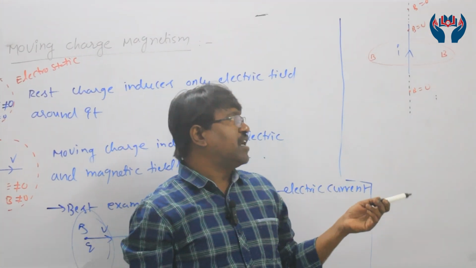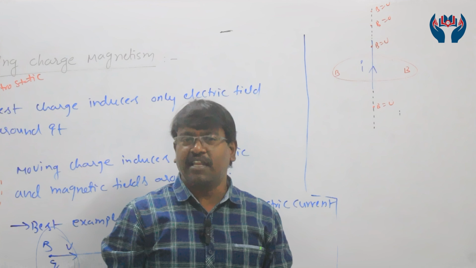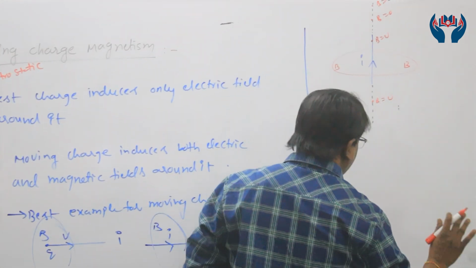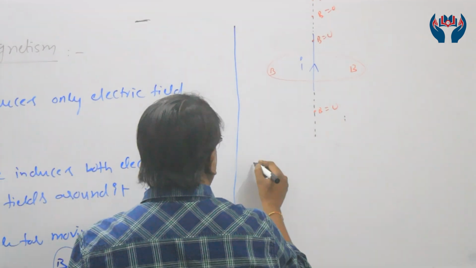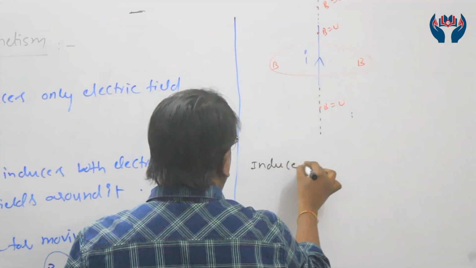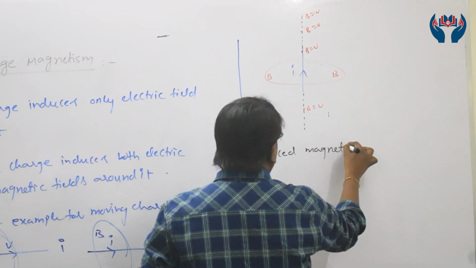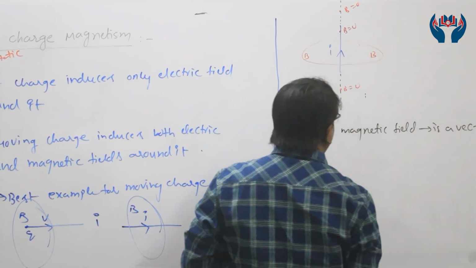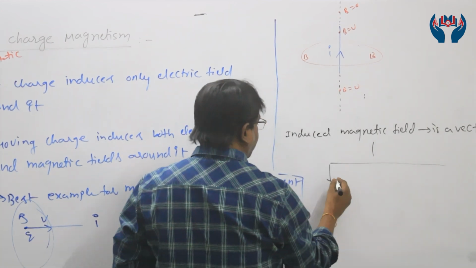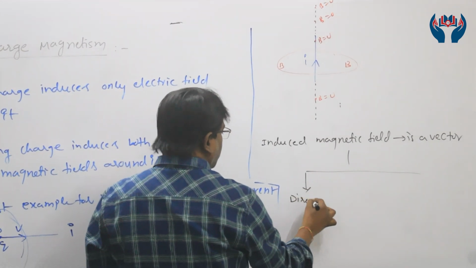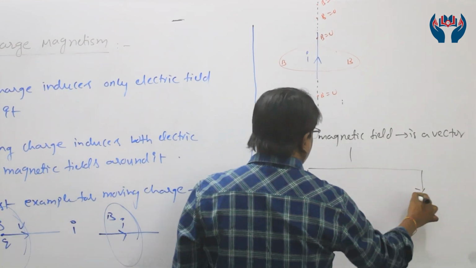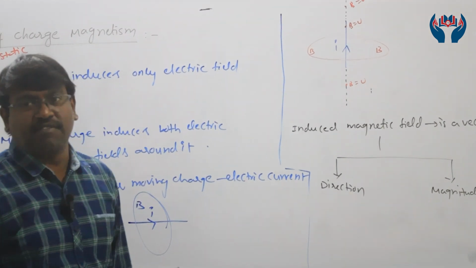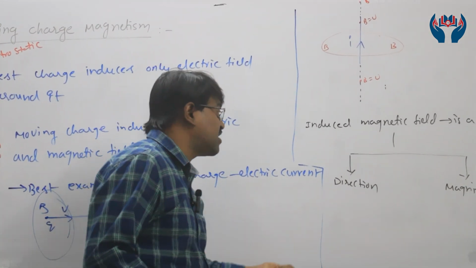Now we have to measure this magnetic field. Is this magnetic field a vector or a scalar? Any magnetic field should be a vector. This induced magnetic field is a vector, and every vector has both direction and magnitude.